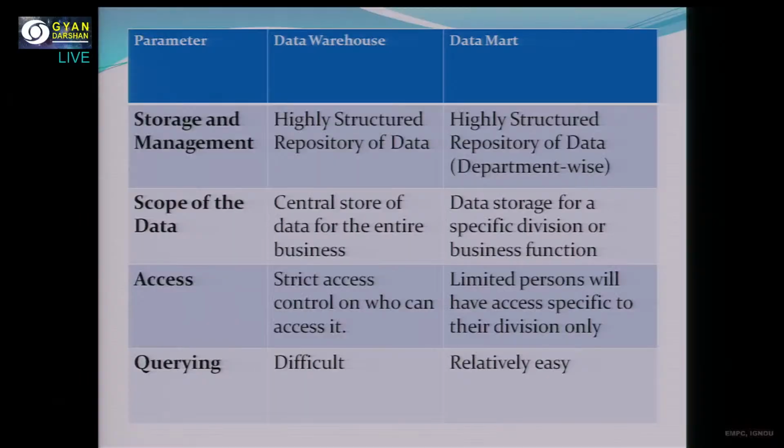So there should be strict access control when compared with the data marts, wherein only the employees pertaining to the specific domain or department are the users of the data mart. So the number of employees accessing the data marts will be very much less when compared to the accessibility of the centralized data warehouse. Coming to querying, it is difficult to put queries or loop on queries onto the data warehouse, but it is very much simpler when we talk about the data mart.